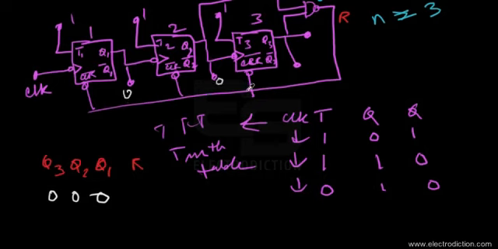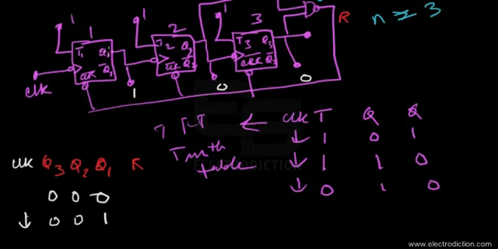Now if we assume the arrival of the first clock pulse, then on the negative edge of the first clock pulse, the output of flip-flop 1 would revert from logic level 0 to logic level 1, while the outputs of flip-flop 2 and 3 remain at logic level 0, since they do not encounter any negative edge of any pulse.